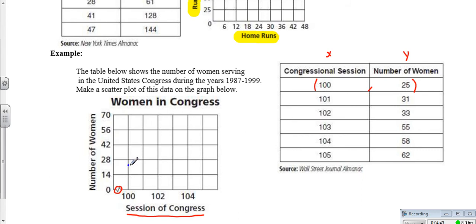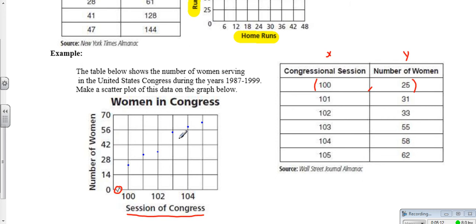This is just approximations. 101 and 31, about here. 102 and 33, so a little bit bigger than the last one. 103 and 55, about there, and 104 and 58 about there, and then 105 and 62 about there.